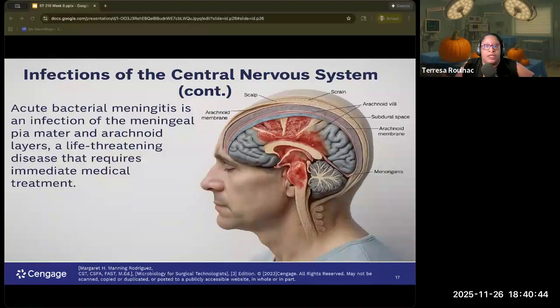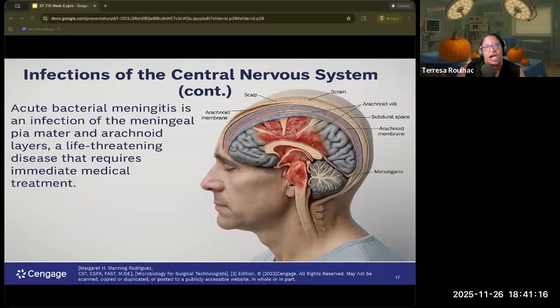Now, the central nervous system usually is pretty good at resisting infection. But if bacteria or viruses get past that BBB, they will cause serious brain and nerve damage. And that's because the CNS does not have its own immune system to fight back. Now, meningitis, which is inflammation around the brain and spinal cord, can be caused by bacteria, viruses, or fungi.